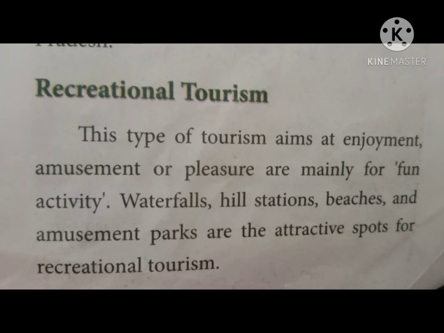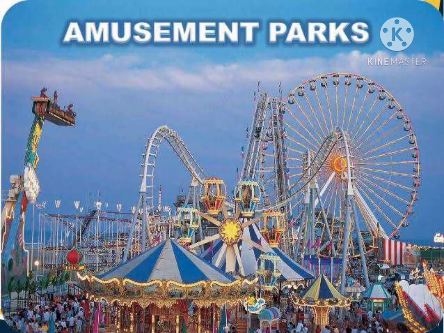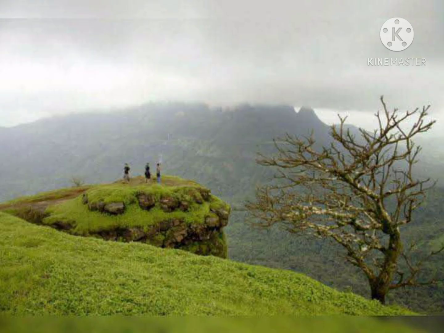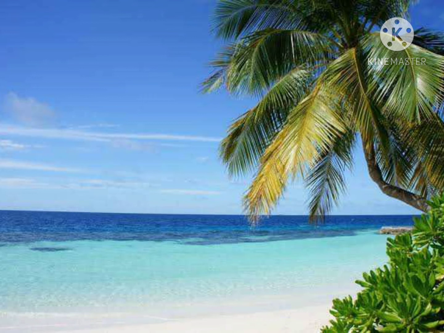This everything is the best example. First one is amusement park activities, waterfall in forest areas and hill stations, mainly hill stations, that is cold areas, and beaches. These are all examples for the recreational tourism.